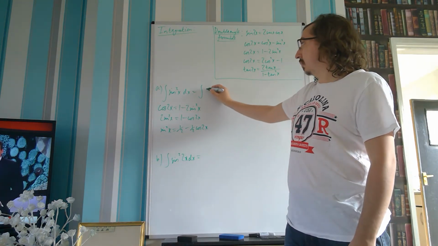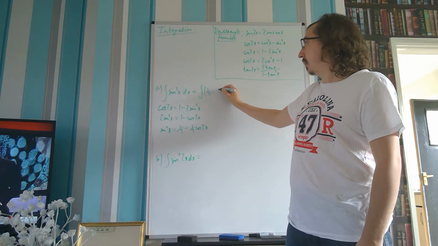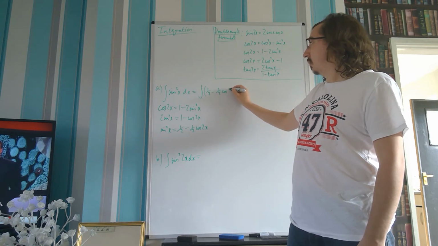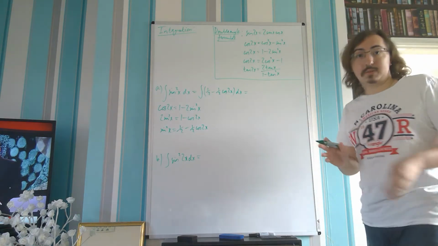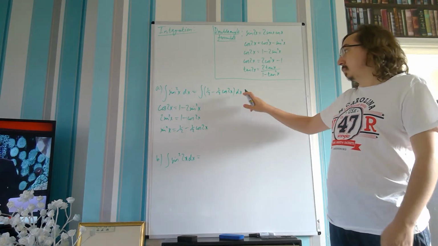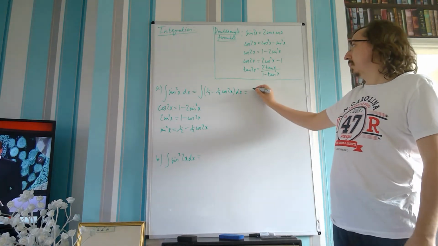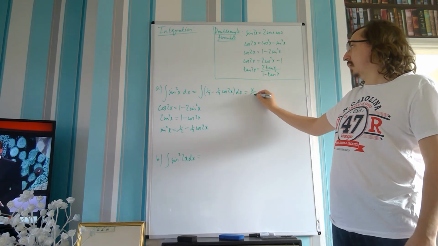So we're really integrating 1/2 minus 1/2 cos 2x with respect to x, and then we can integrate this. So 1/2 becomes 1/2 x, or x over 2.